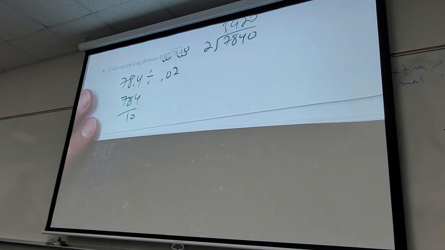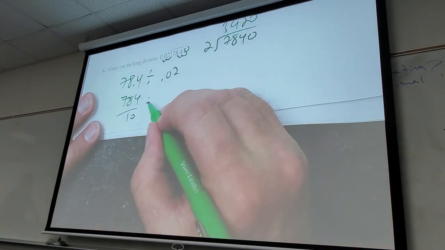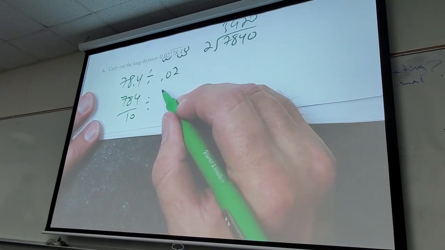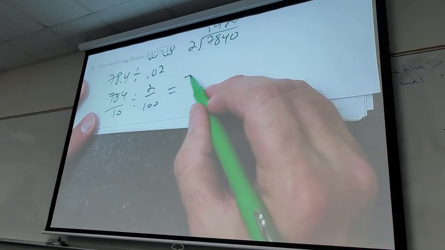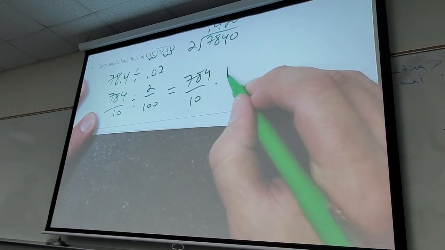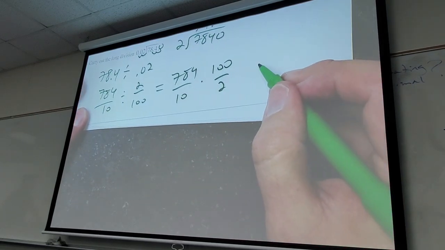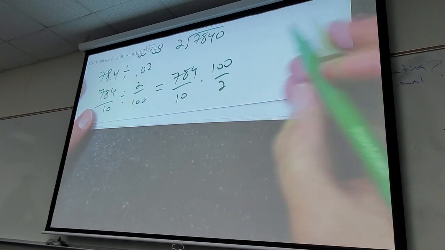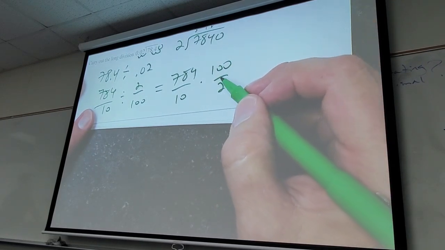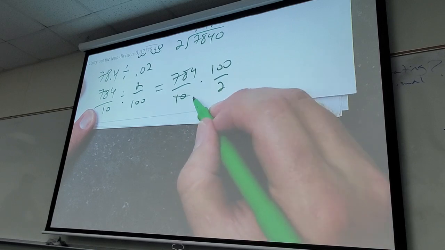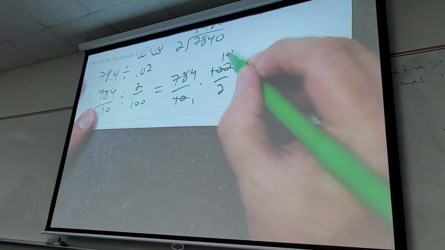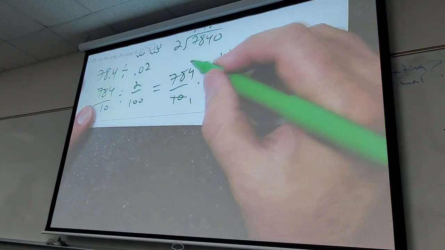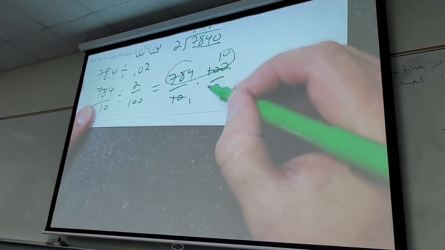Divided by 2 hundredths. How do I divide fractions? How many hundreds cancel? How many tens cancel? 10 goes into 100 10 times, right? So do you see how I get 7840 divided by 2?